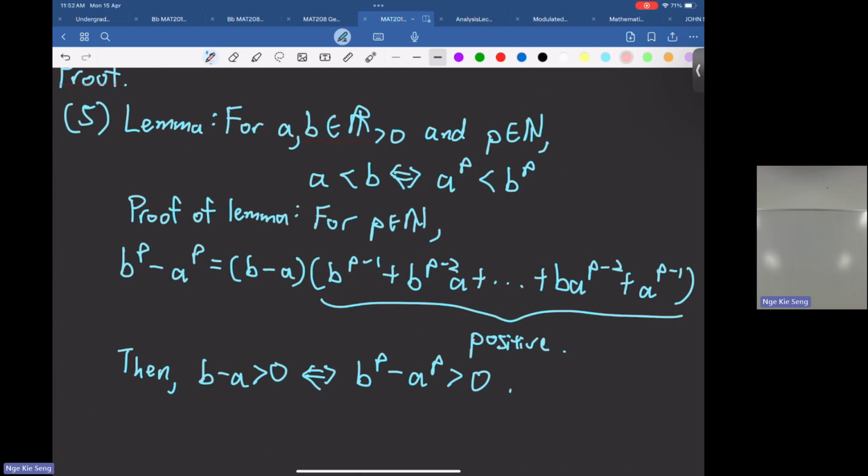Meaning these two signs here depend on each other. If B minus A is positive, then the left-hand side is positive. If the left-hand side is positive, then the right-hand side is positive. So it is an if and only if. Okay. Yes, so far so good.